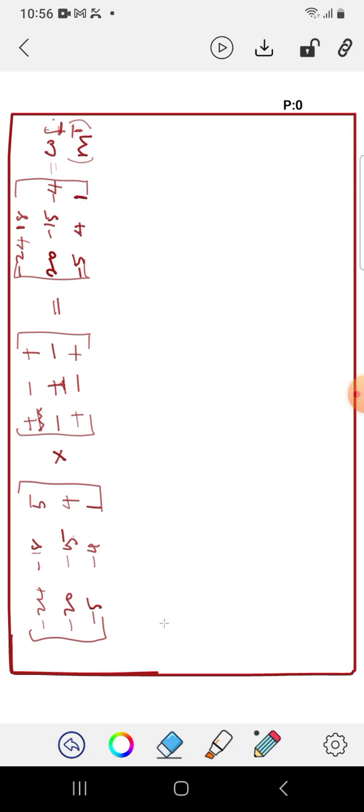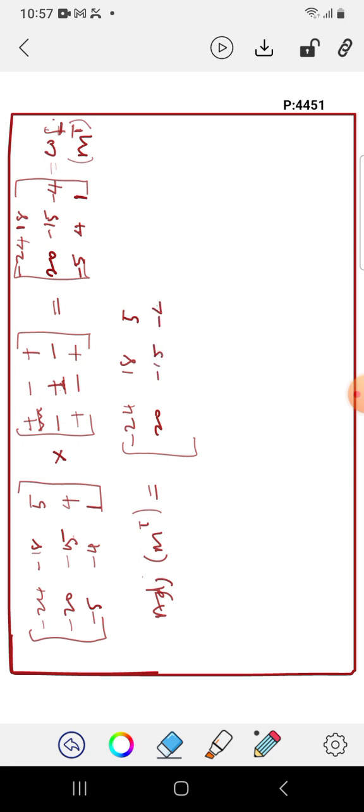So we can now say that the adjugate of m plus, or cofactor of m plus, is now minus 24, 18, 5, 20, minus 15, minus 4, minus 5, 4, and 1.